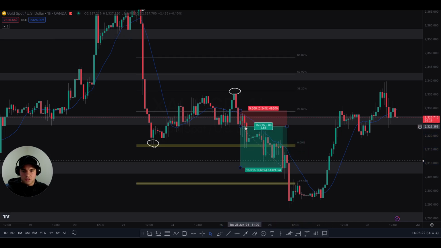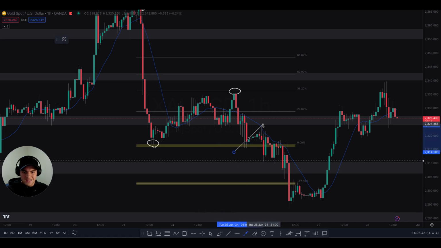The first take profit will be this level of support over here on the left. If we pay close attention, we had held a level of support over here until price came all the way over here again and tapped the same level of support that we had broken below, and then rejected from that level again.